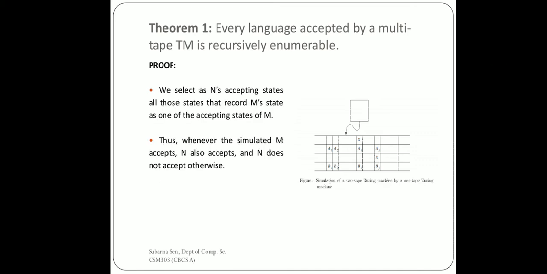So we select N's accepting states as all those accepting states that record M's state as one of the accepting states of M, right? So if it can learn whatever the accepting states for each and every tape of M are, if we accumulate everything, that will become the accepting states for N. Thus, whenever the simulated M accepts, N also accepts, and if N does not accept, that means M has not accepted.